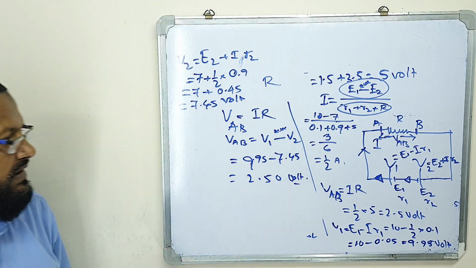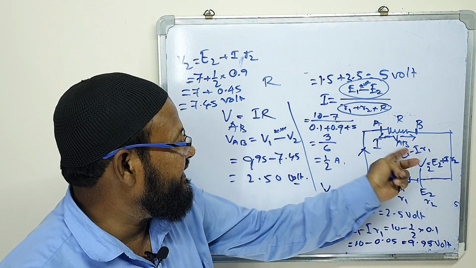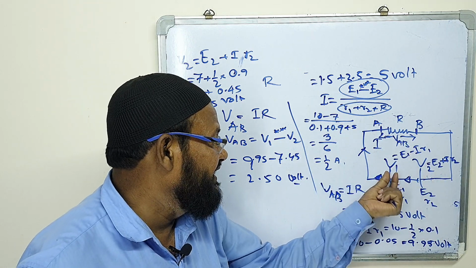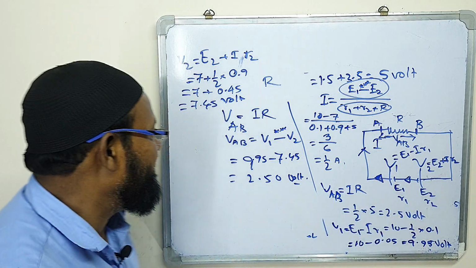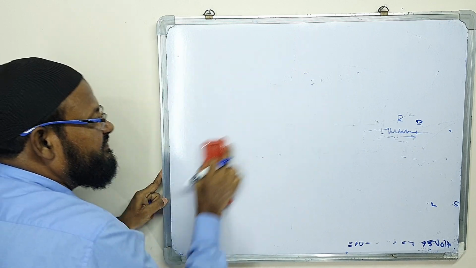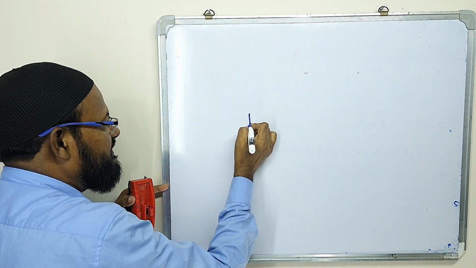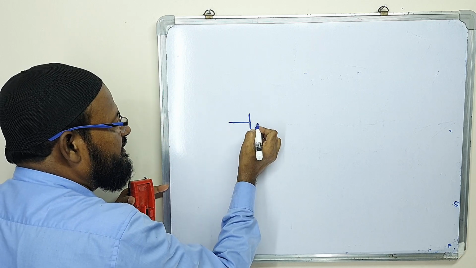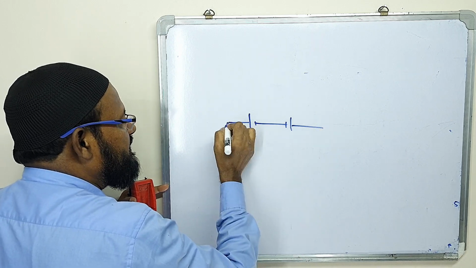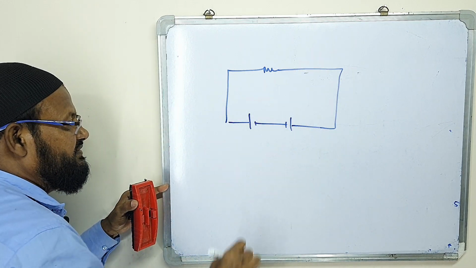Be careful. When two cells are opposing each other, in that case VAB equal to simply this minus this. I am giving one example. Suppose this is the circuit, this is R. This question is very, very important.